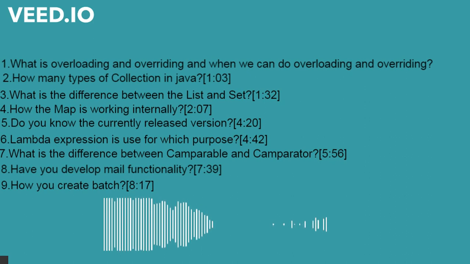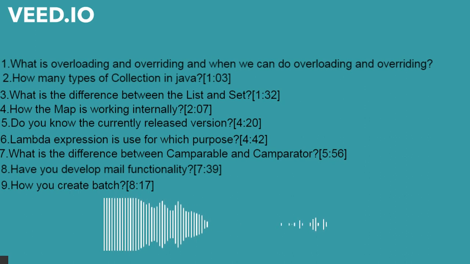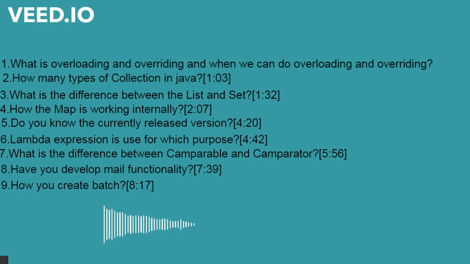In the stream API also we use predicates directly in filters, and in threads also I have seen that the run method we can directly give using a lambda expression.